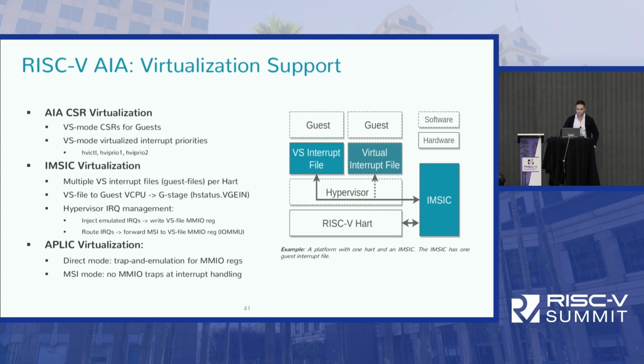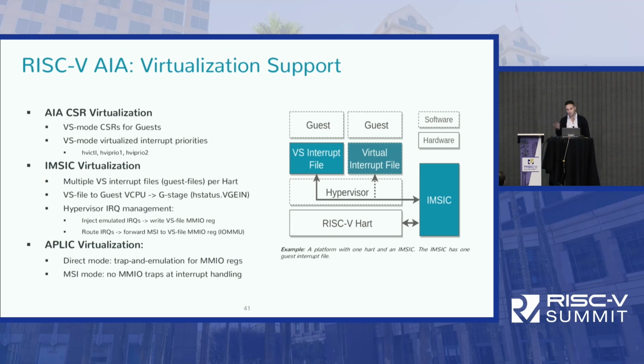In terms of virtualization support, you have different CSRs extended for the guest and for the virtualized interrupt priorities. In terms of IMSIC virtualization, as we see, we have multiple VS interrupt files, or guest files, per hart. This is defined in the design. One VS file can be linked to a virtual CPU in the G-stage translation, and you have different management options.